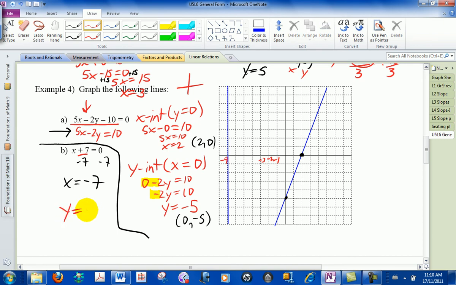What about y equals 3? Graph that line, please. So this is x equals -7. Please graph y equals 3.